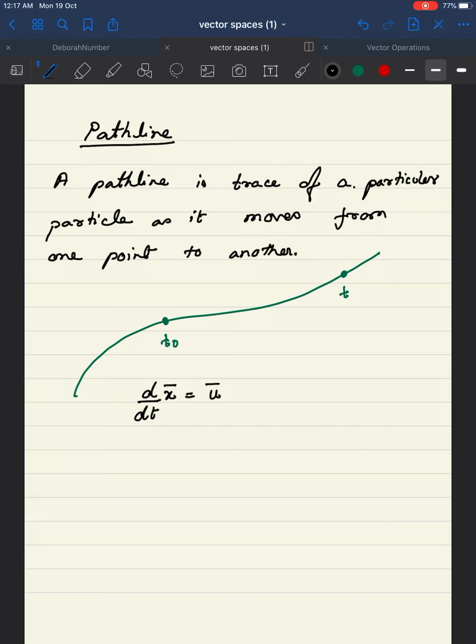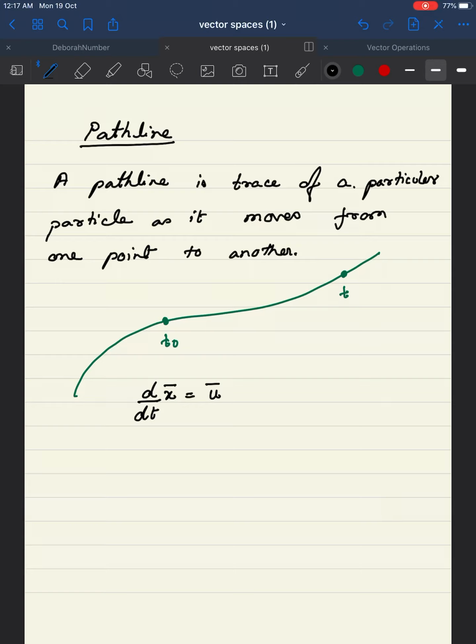So this condition remains true, that given a particular velocity field, the local velocity must always match the particle velocity, right? So u is the velocity field that has been given to you, and x is the location of the particle itself.